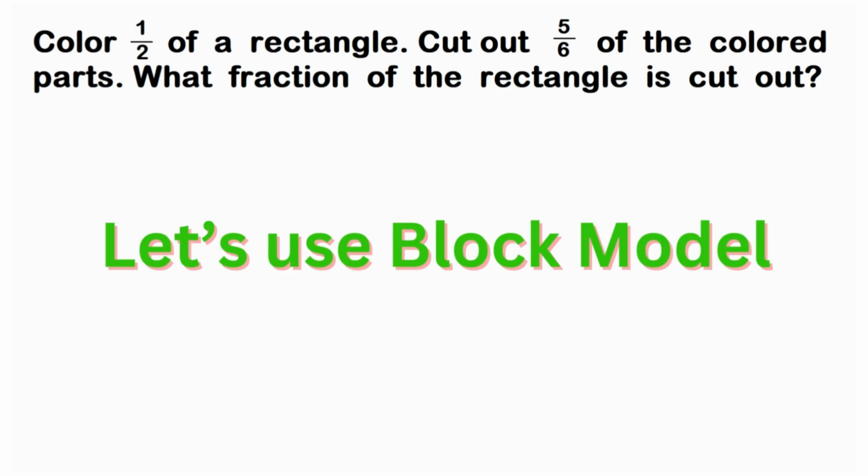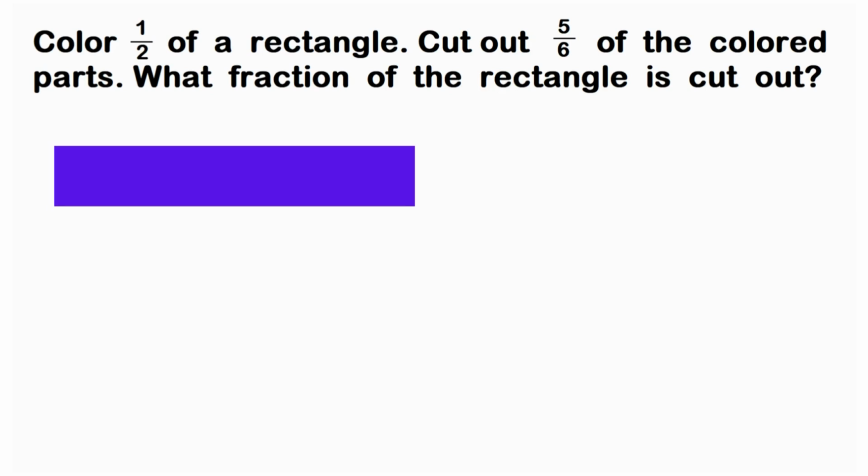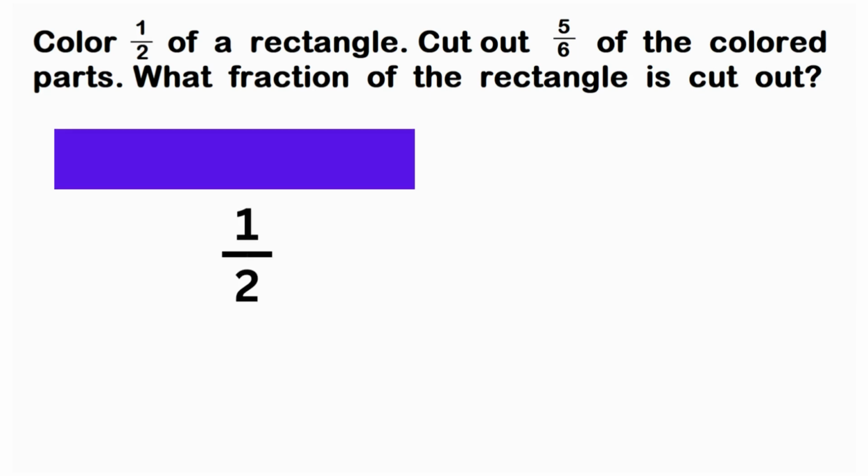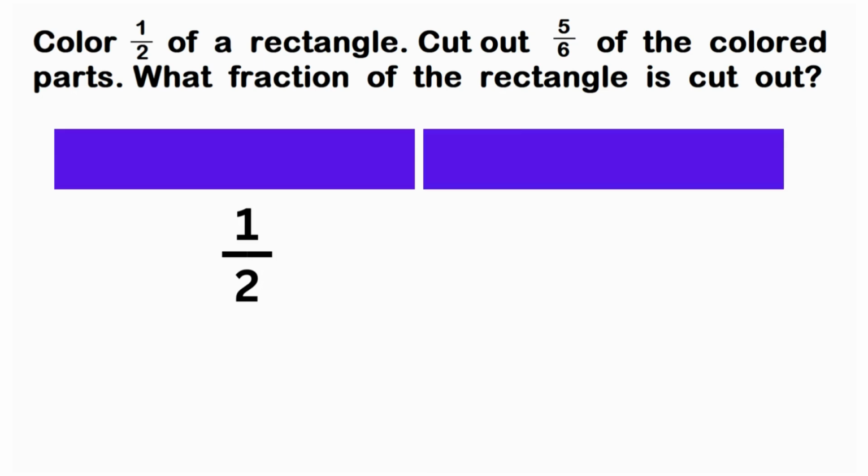Let's use the block model first. We have the first figure, which is actually one half of the rectangle. So this is one half, then there is another one half.